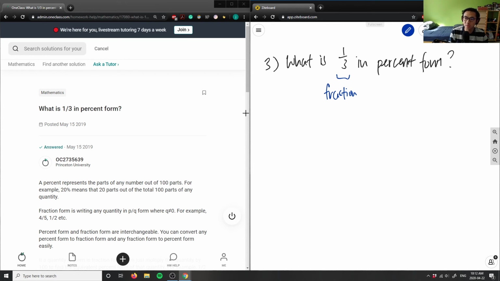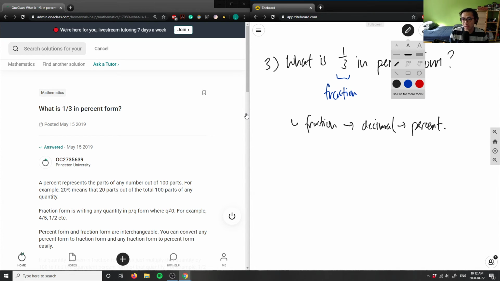So let's do that. I'm going to go from fraction to decimal and then finally to percent. In order to convert fraction to decimal first, I would have to do the division. Instead of 1/3, I do the denominator into the numerator.